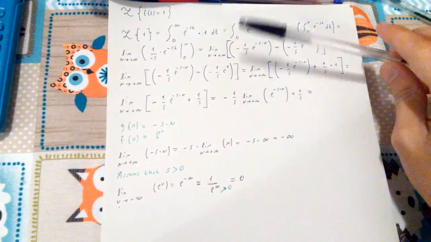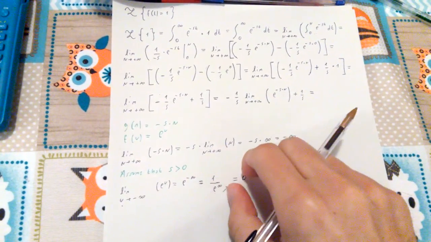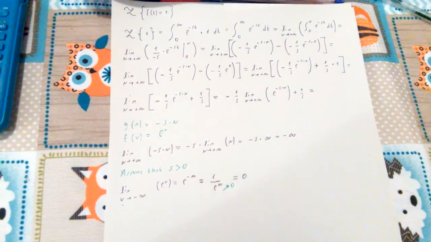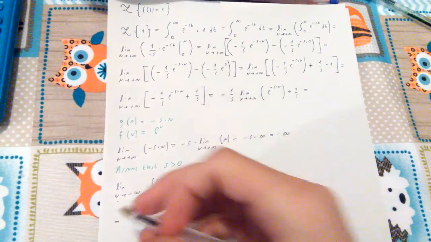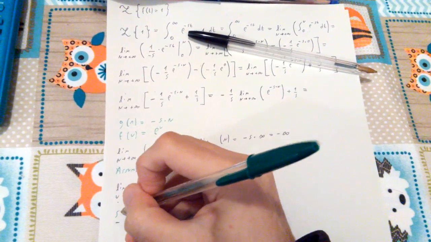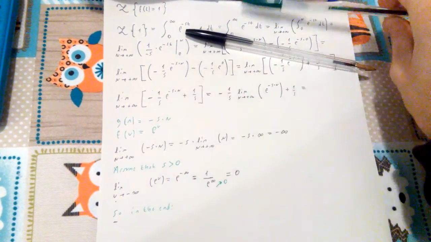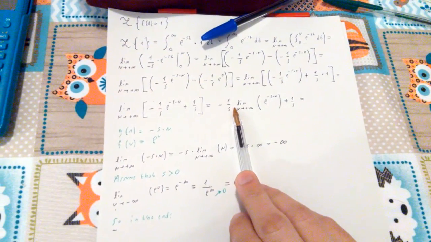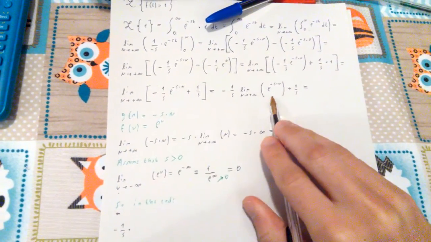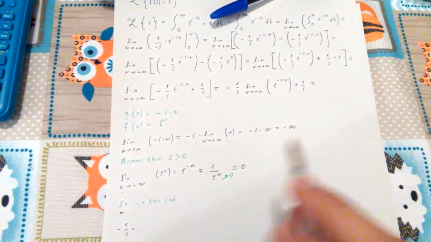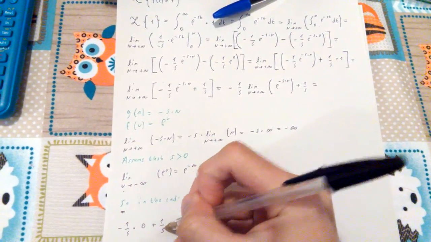Now, if we go back and bring these results we have just found back here, in the end, we're going to know that negative 1 over s times our limit we just solved is 0, so times 0, plus 1 over s.